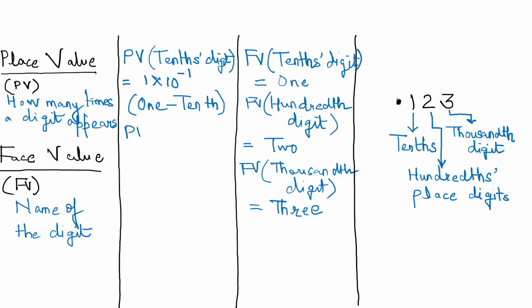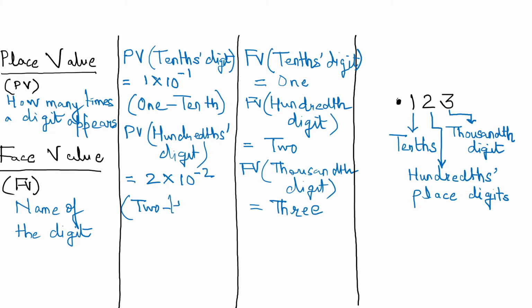Similarly, the place value of the 100th digit will be 2 into 10 to the power minus 2, and we will call it 2/100ths.